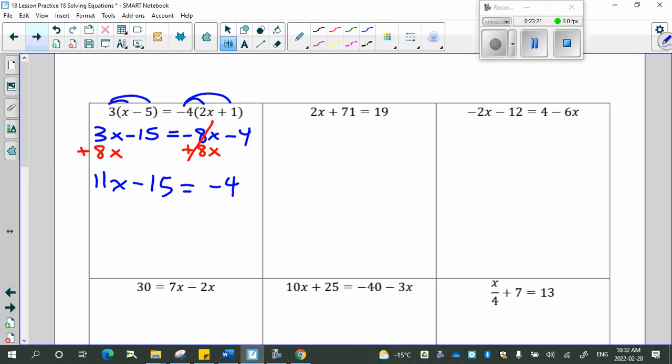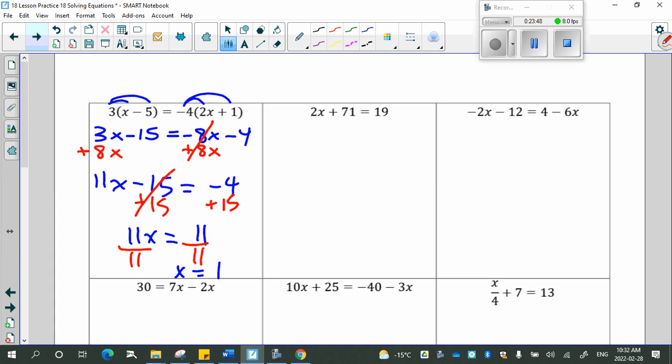Now the side with x is the side that tells you what to do. It's the side that bosses you around, so it's telling you to get x by itself. You have to add 15 to both sides. Negative 4 plus 15 is 11. Now we want to divide both sides by 11. And we get x to be 1.